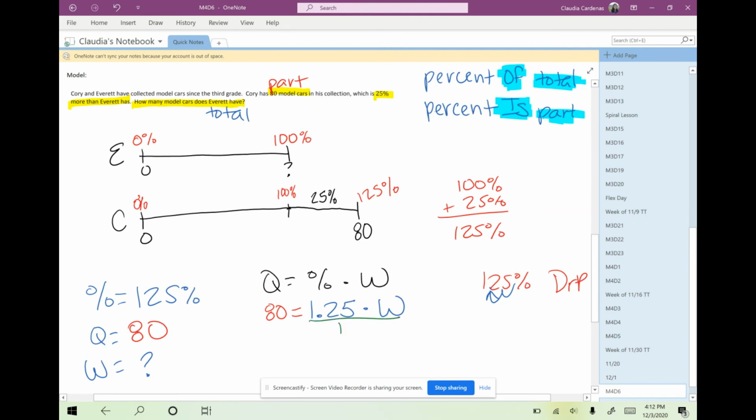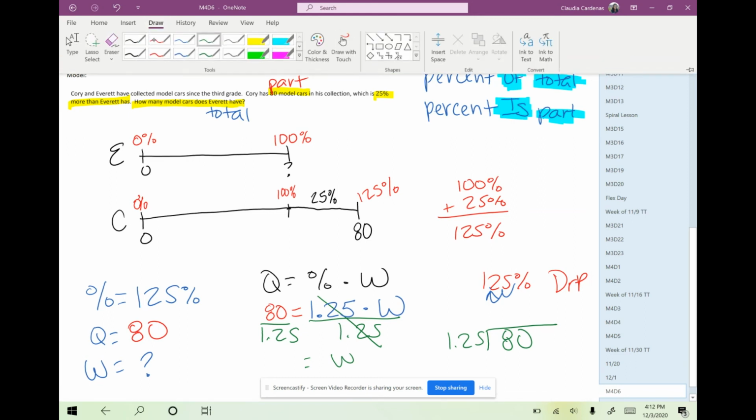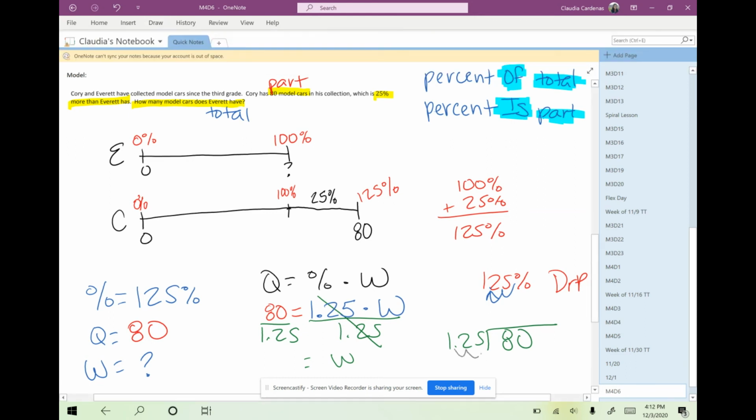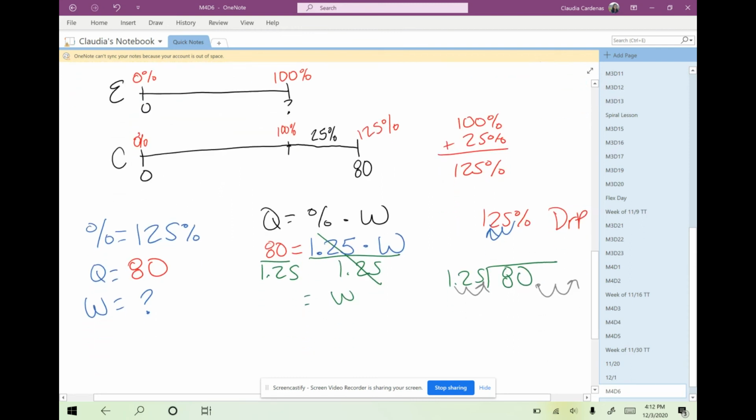Since we don't know it, we have to use our inverse operations to solve. And we are going to divide 1.25 into 80, but we know that we never divide by decimals, so we need to move our decimal point over 2 spots, both on the inside and on the outside.